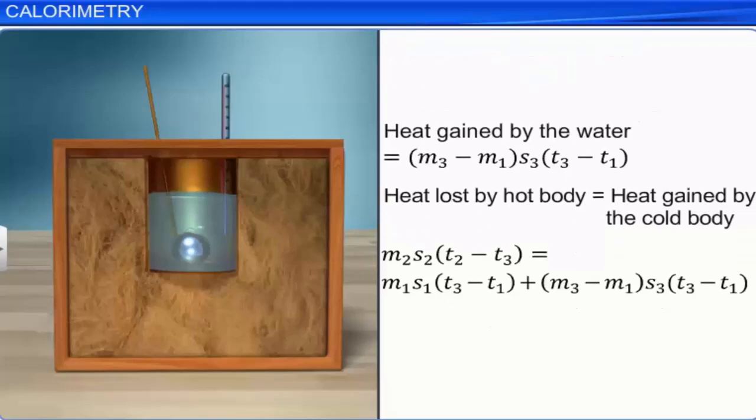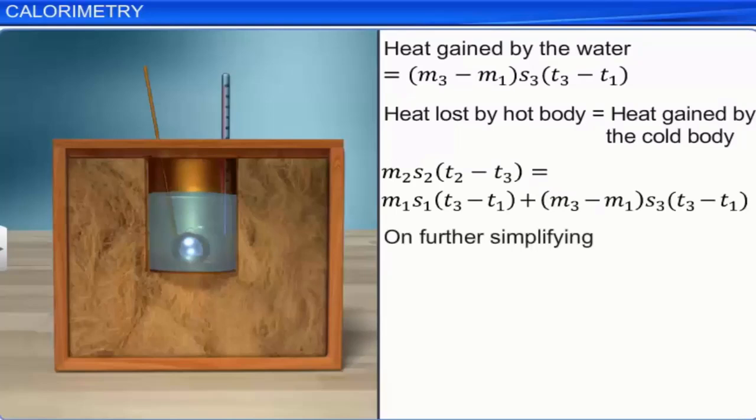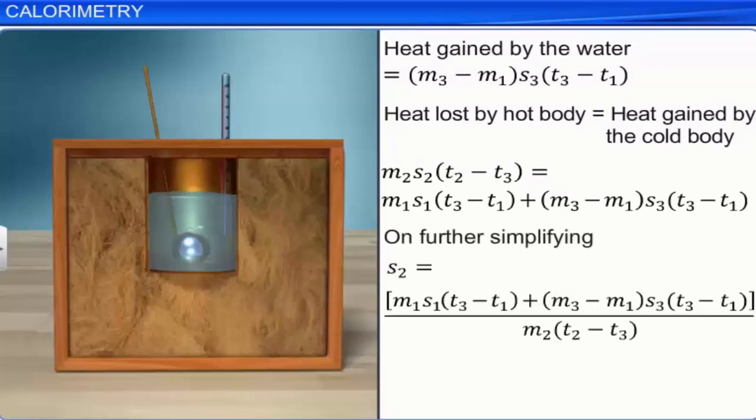On further simplifying, S2 equals [M1 S1 (T3 minus T1) plus (M3 minus M1) S3 (T3 minus T1)] divided by M2 into (T2 minus T3).